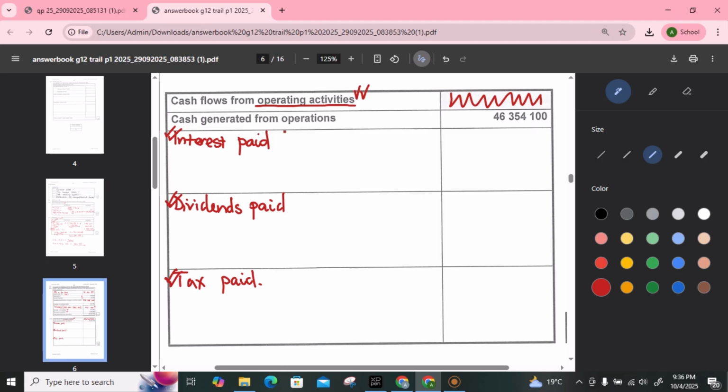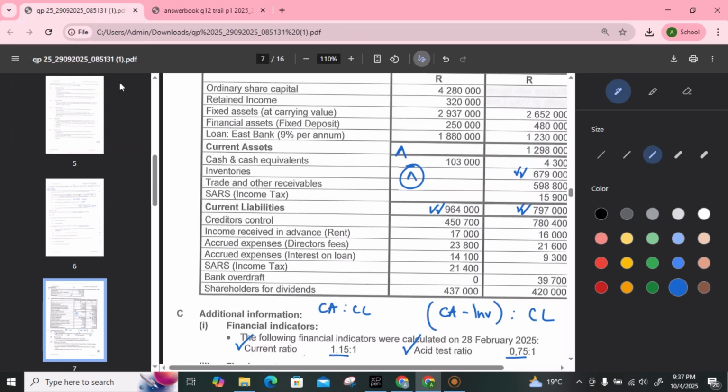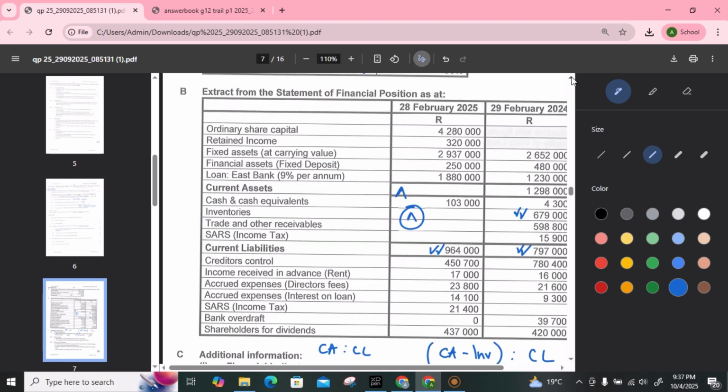So we know our formula for interest paid, it is balance at the beginning plus current minus bank is equals to CD. And remember, this formula assumes that interest payable is a liability, and if you have interest receivable, that will be your asset. So if you look at this one, you have item B.